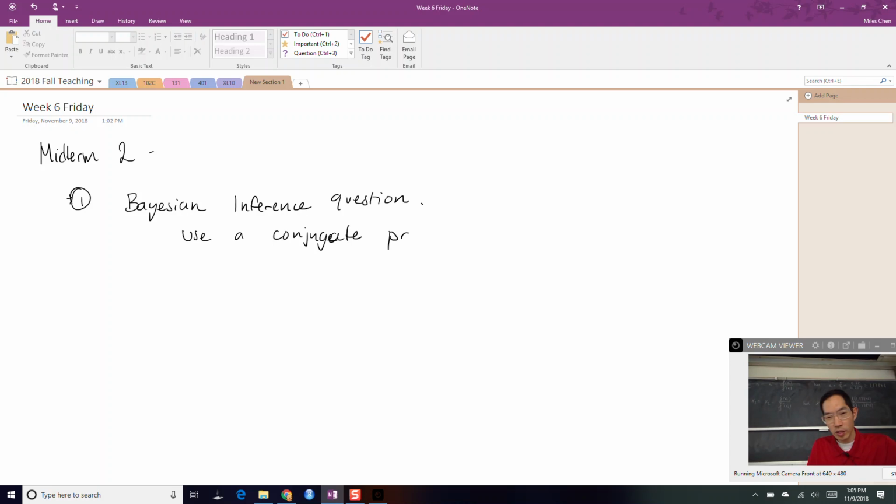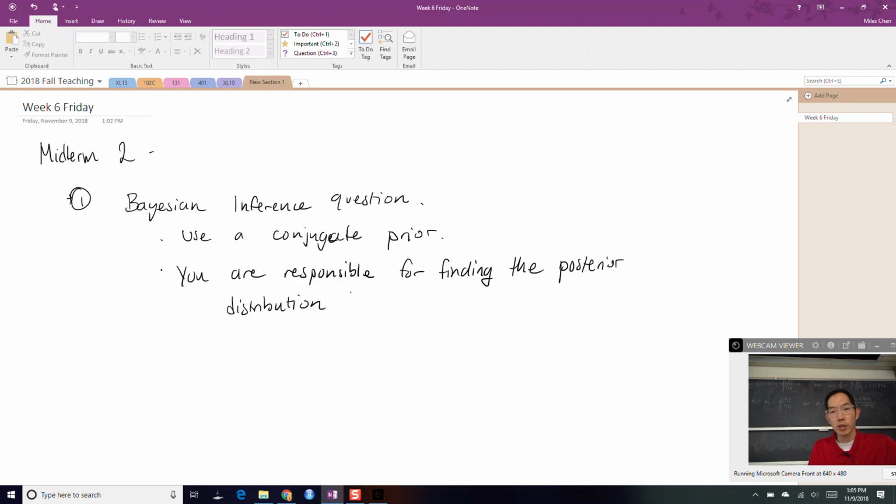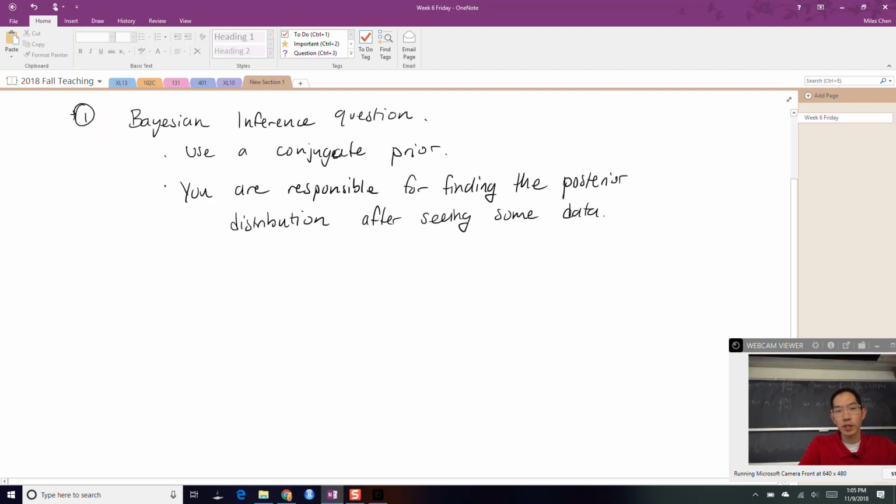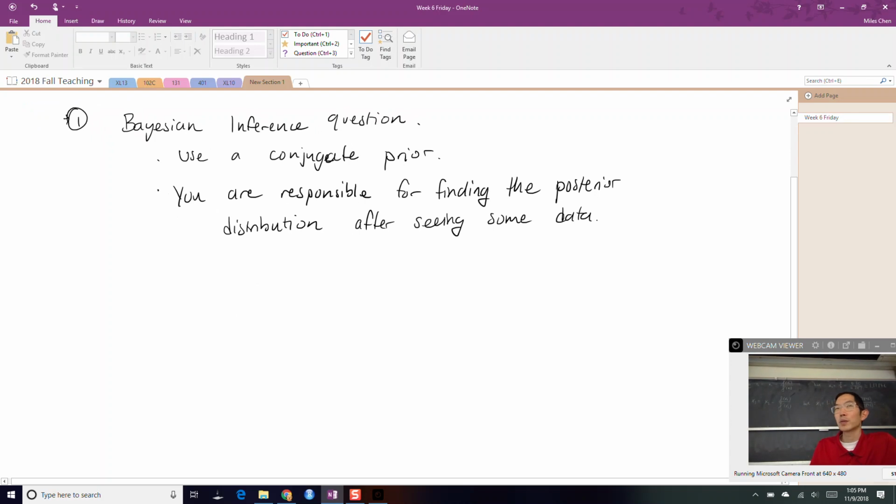You are responsible for finding the posterior distribution after seeing some data. Okay, so I will not tell you exactly what it will look like.